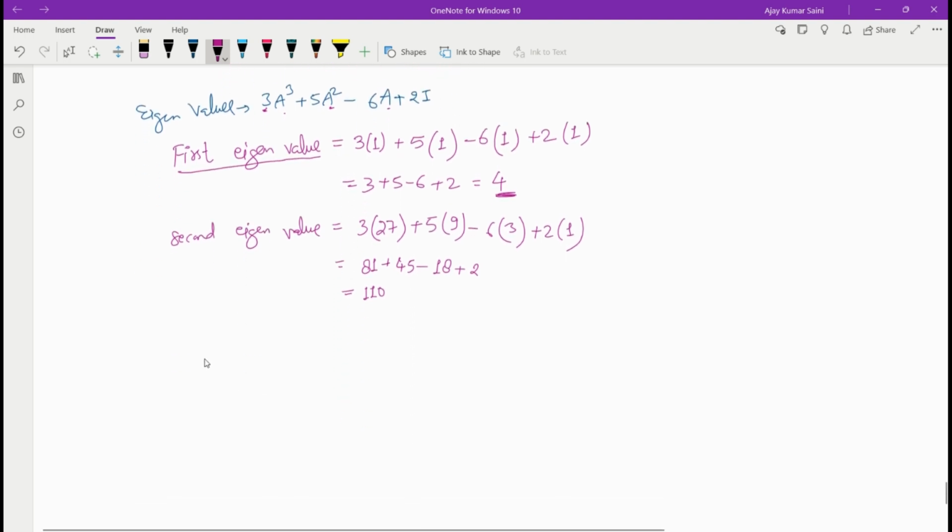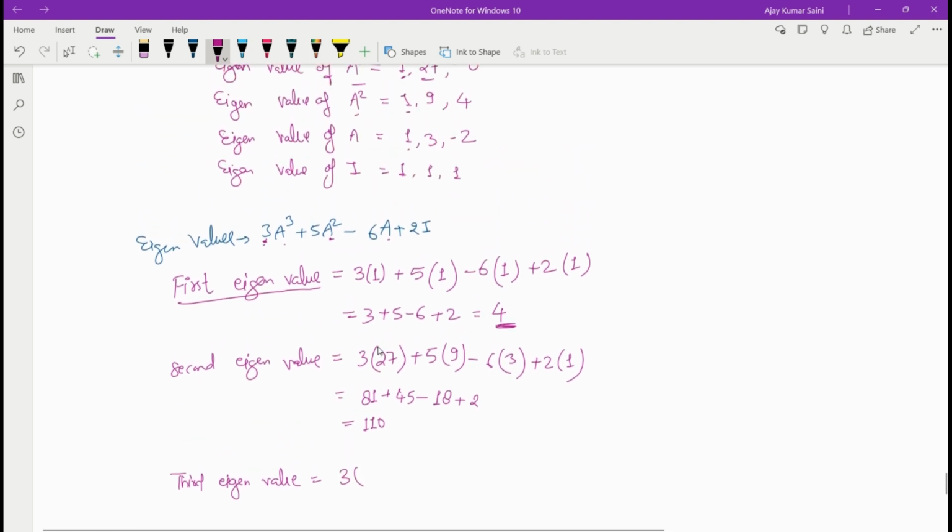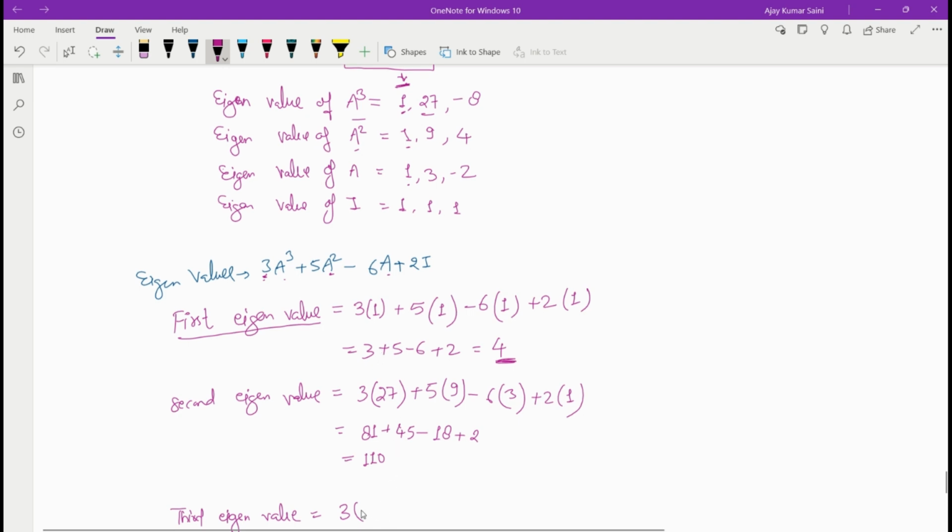Now I need to find the third eigenvalue. First I take 3, and the third eigenvalue of A cube is minus 8. Plus 5, and the third eigenvalue of A square is 4. Minus 6, and A is minus 2, and plus 2 into 1.